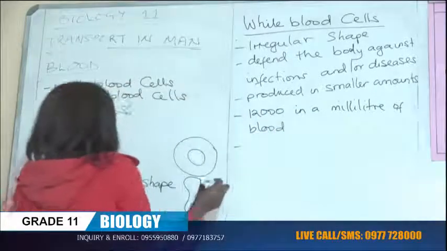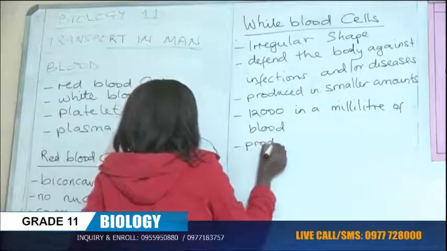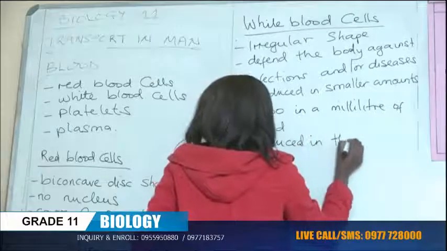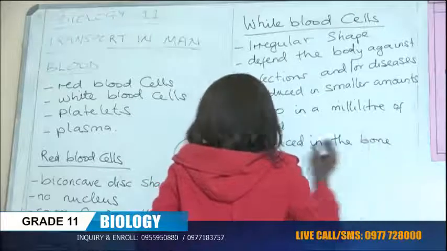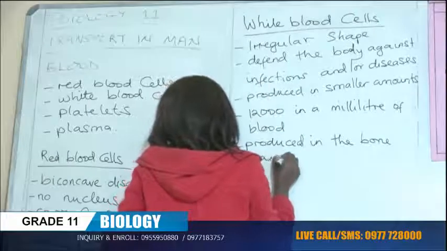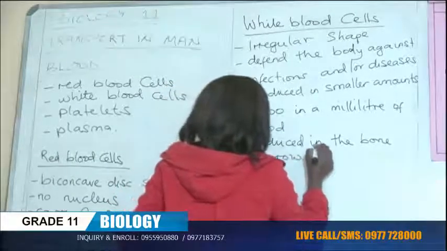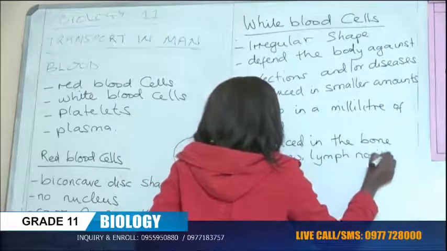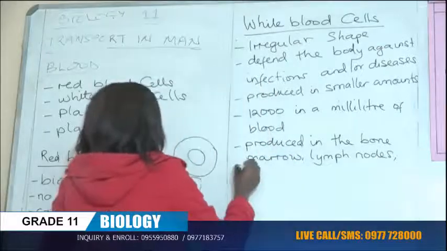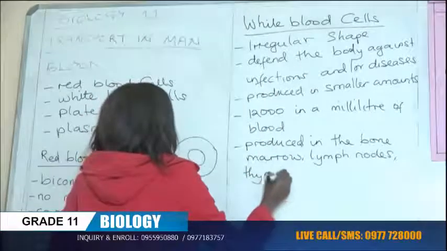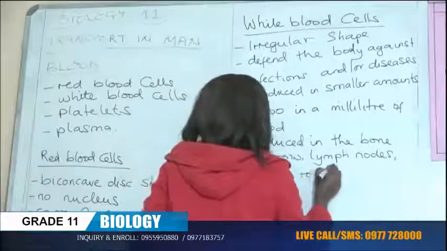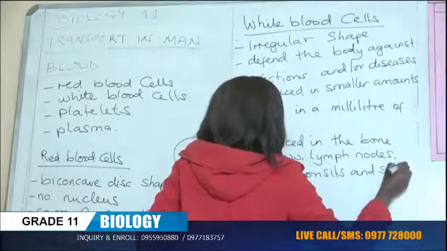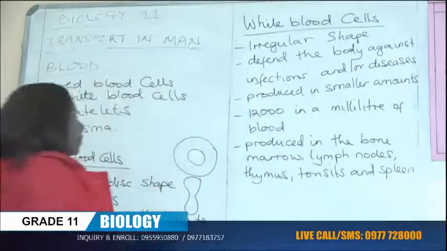Okay, they are produced in the bone marrow, lymph nodes, thymus, tonsils, and spleen. Okay?